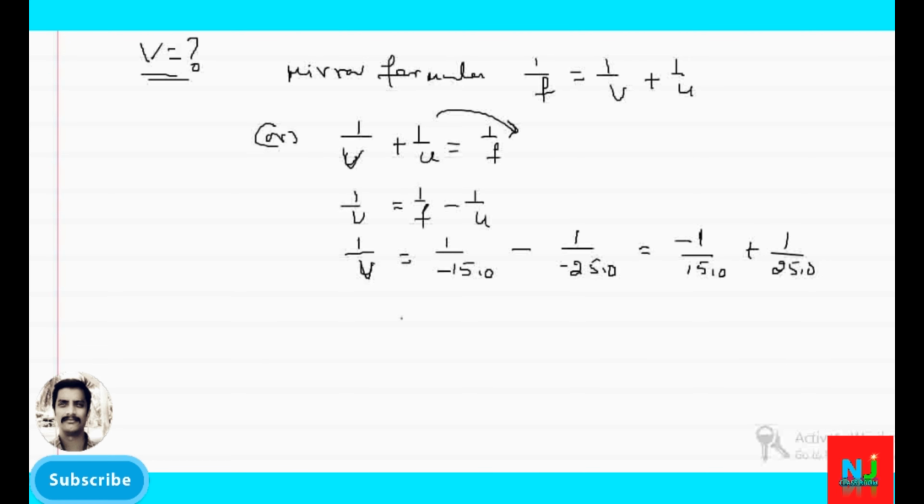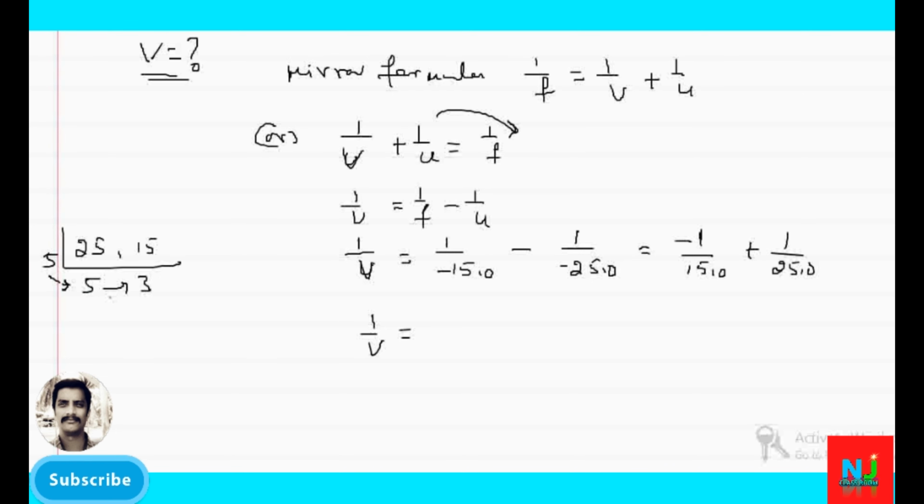So take the LCM. What is the LCM of 15 and 25? Look here: 25, 15. 5 fives are 25, 5 threes are 15.